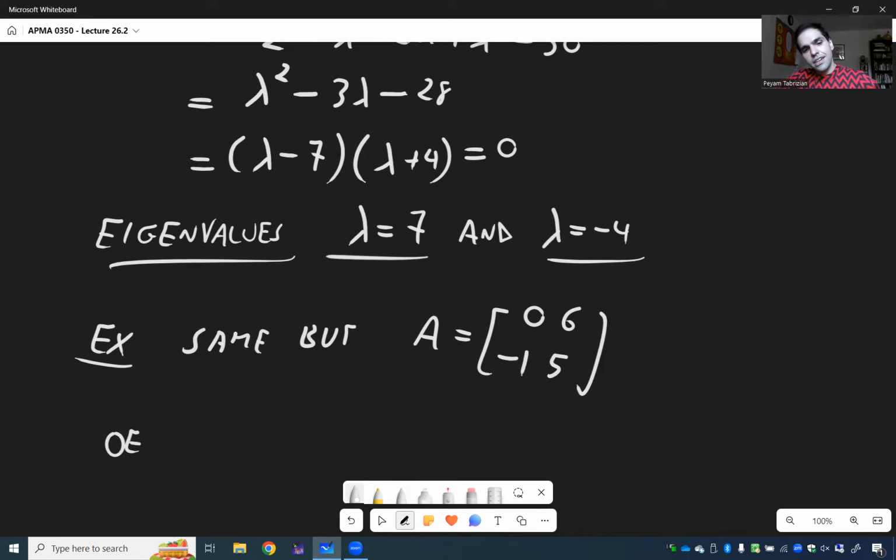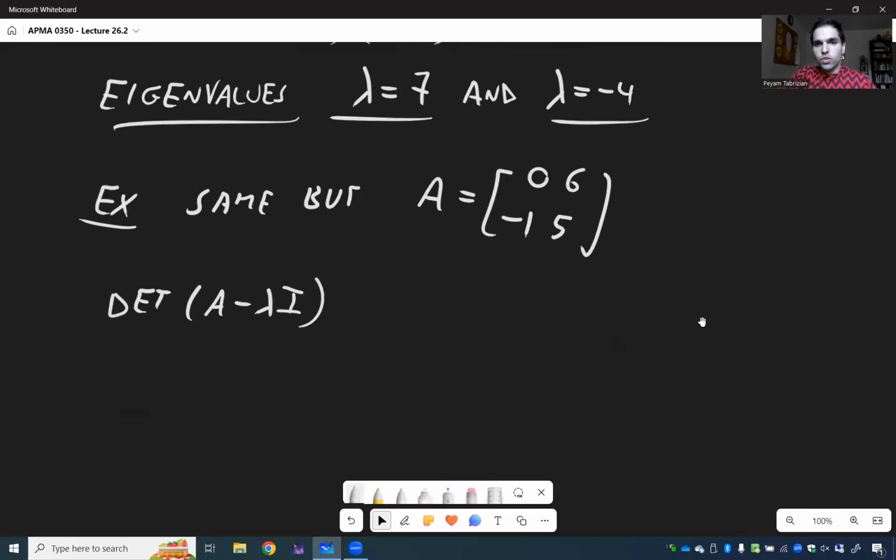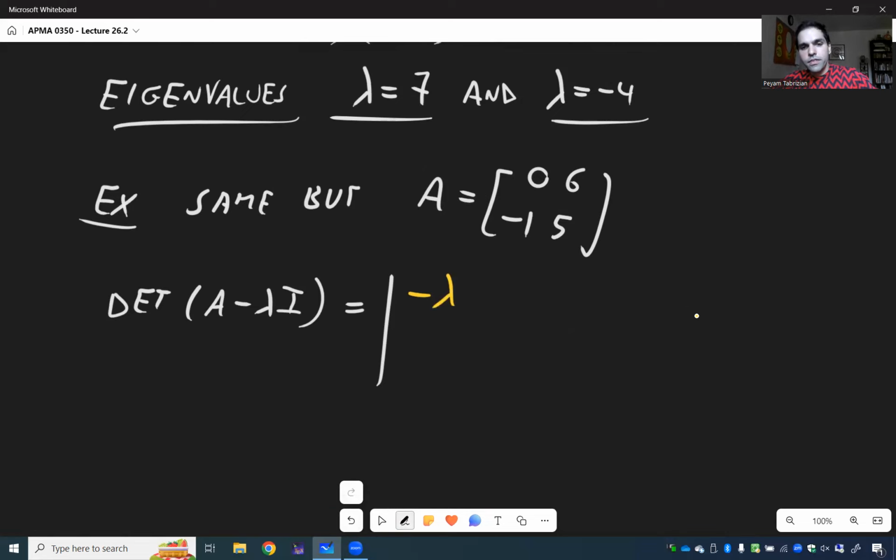So once again, let's do the determinant of A minus lambda I. So again, just subtract lambda from the diagonals. So it becomes 0 minus lambda, so minus lambda. And then 6, minus 1, and then 5 minus lambda.